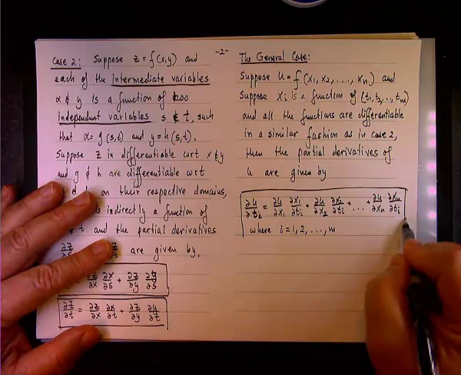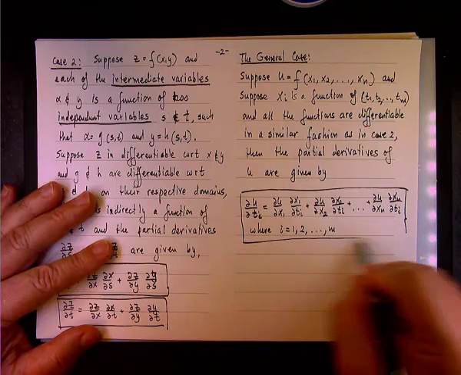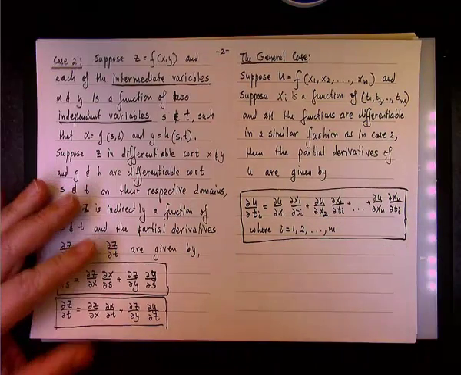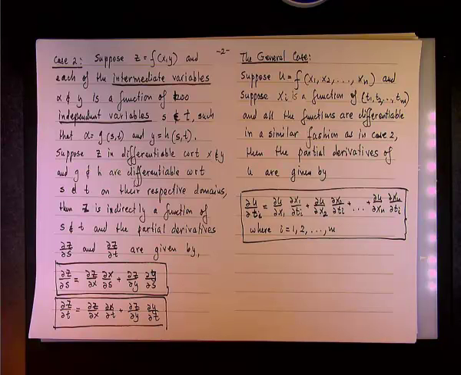And all we need to say here is where i will go from 1 to what? M, because that's how many independent variables we have.